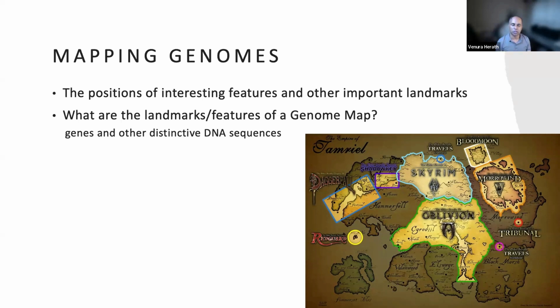Remember last time we talked about the human genome. About 50% is repetitive elements, and the other 50% is what the scientists were mostly interested in earlier, but now things change. When it comes to a genome map, we have to have some kind of strategy or approach in order to make it.